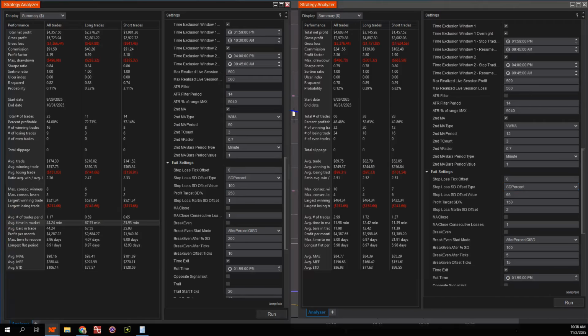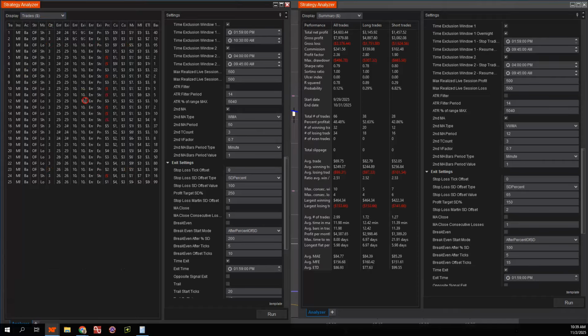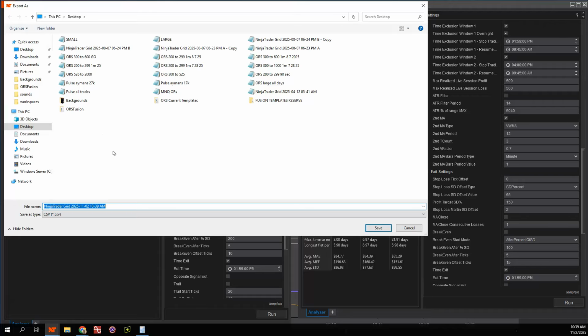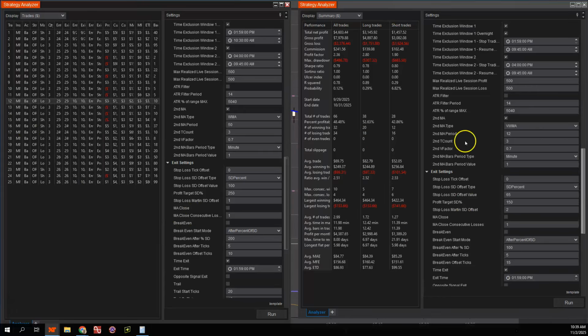Basically, you go to Trades, right click, and export a CSV file, and then you do that for the other template.